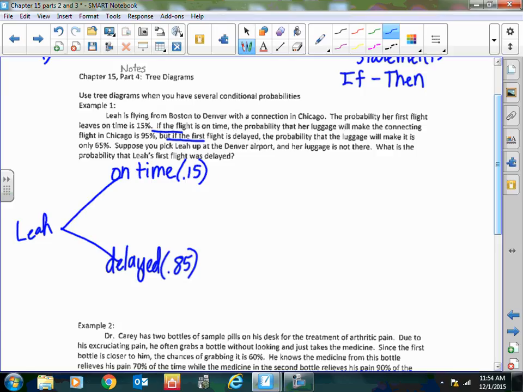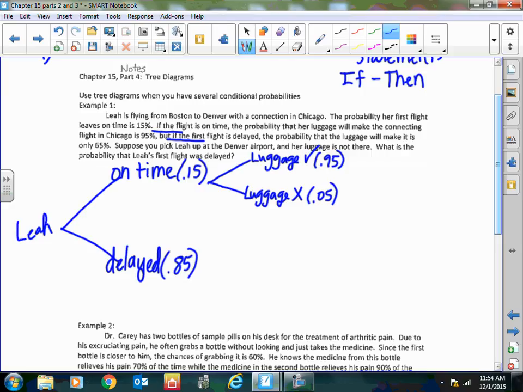And so I've got either the luggage makes it, so I'm going to put a luggage check, or the luggage does not make it, so I'm going to put a luggage X. And those percentages are 0.95. And what's down here? 0.05. Good, because those two are the 100% of what's going to happen if she's on time.